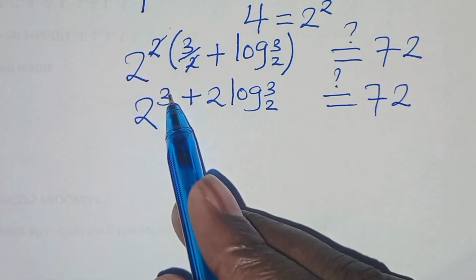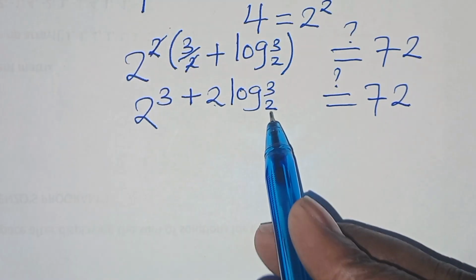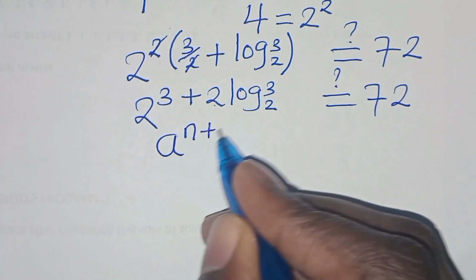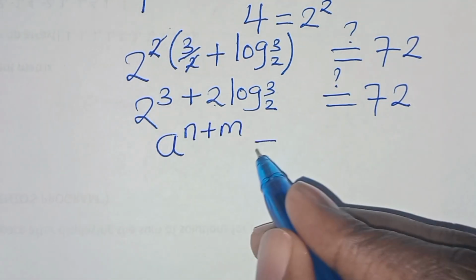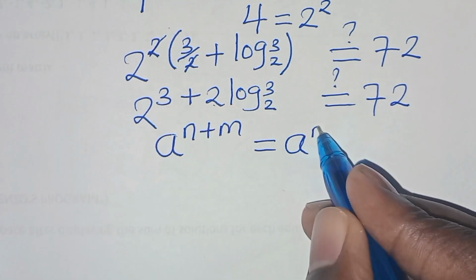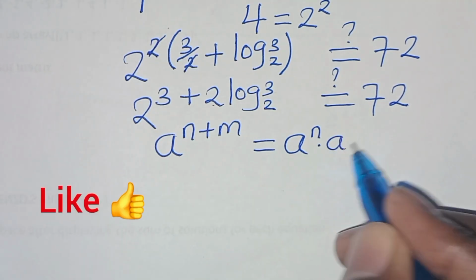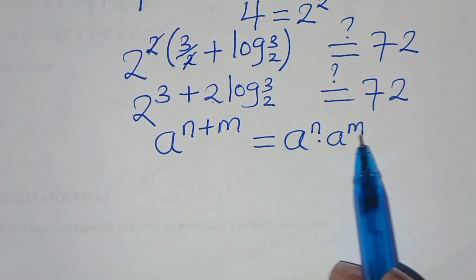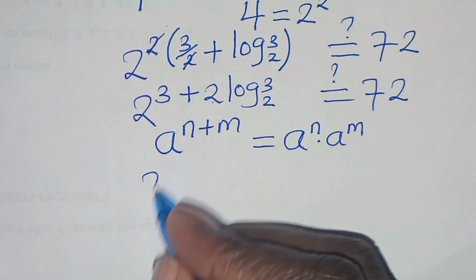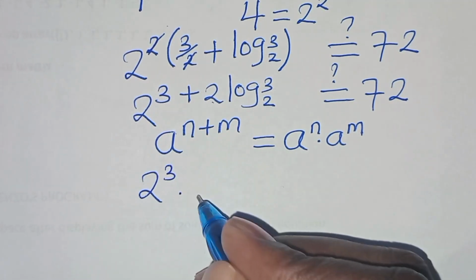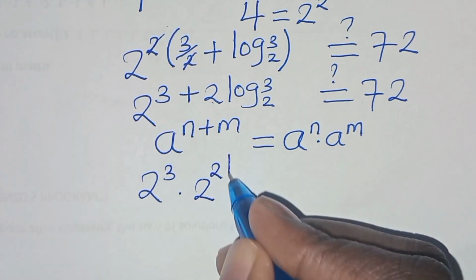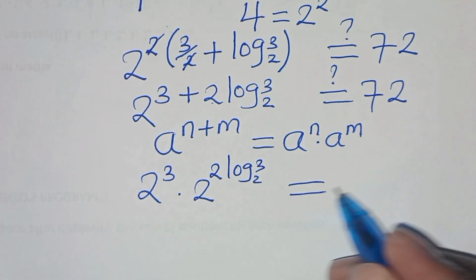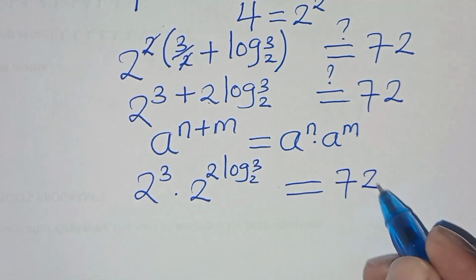Now, 2 to power 3 plus 2 log 3 to base 2 is in the form of a to power n plus m, which we can express as a to power n multiplied by a to power m. Applying this exponent property, we have 2 to power 3 times 2 to power 2 log 3 to base 2.